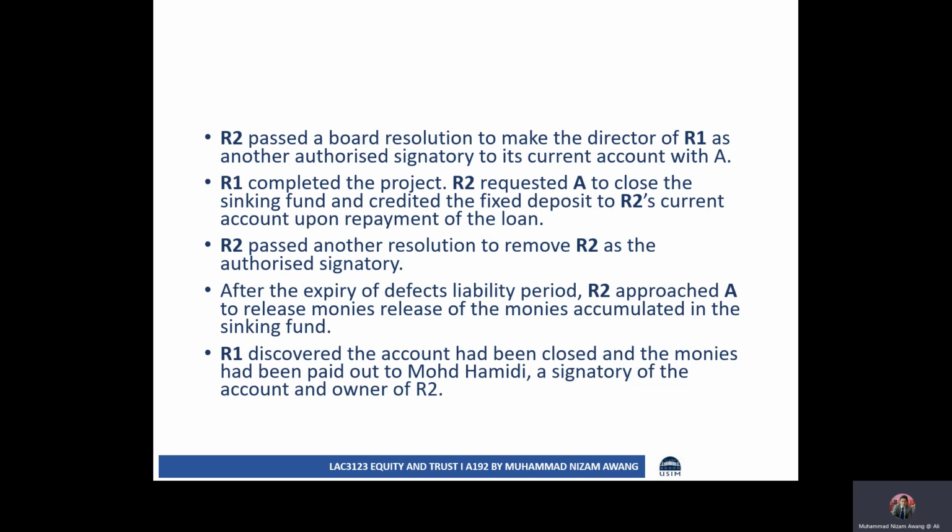After the expiry of the defects liability period, normally about 2-3 years, but now extended to 15 years, the second respondent approached the bank, CIMB Bank, the appellant, to release the money accumulated in the sinking fund.